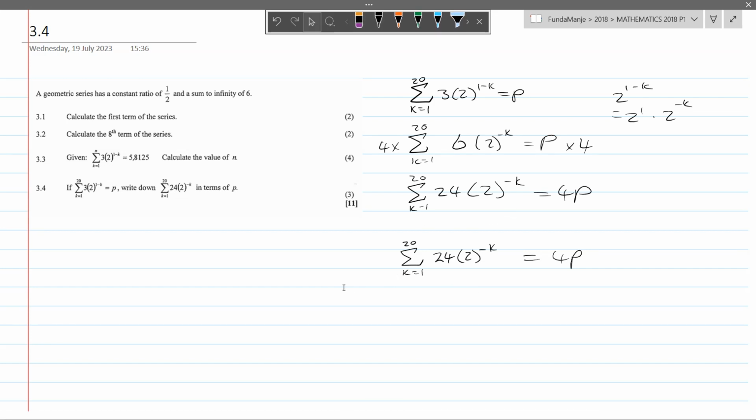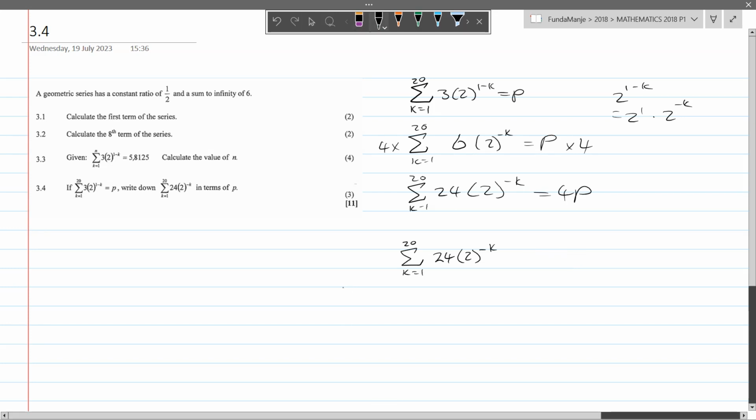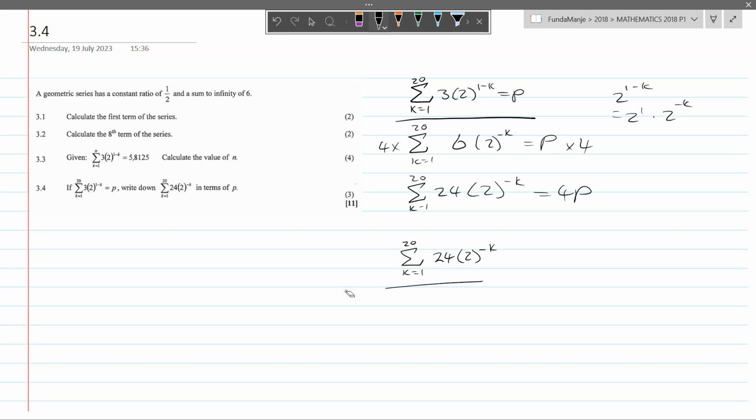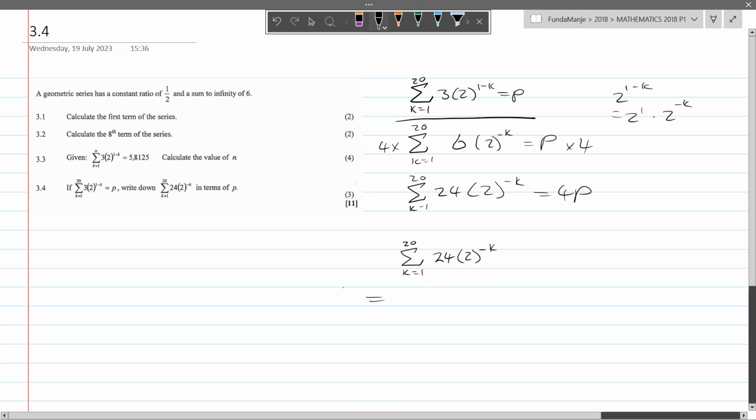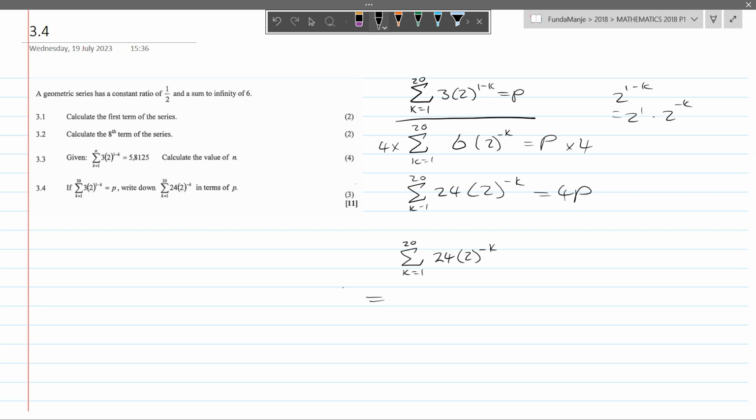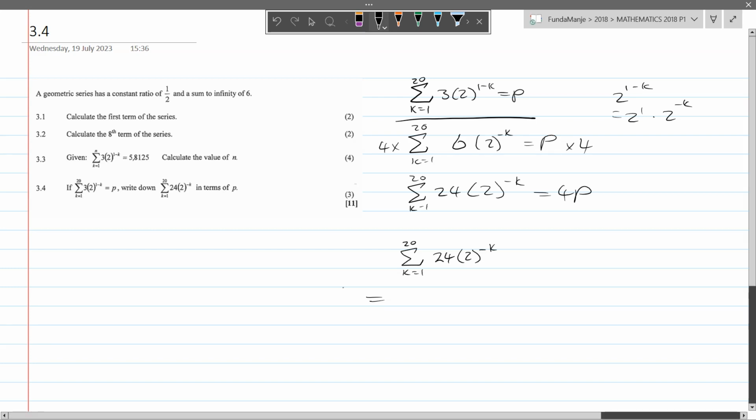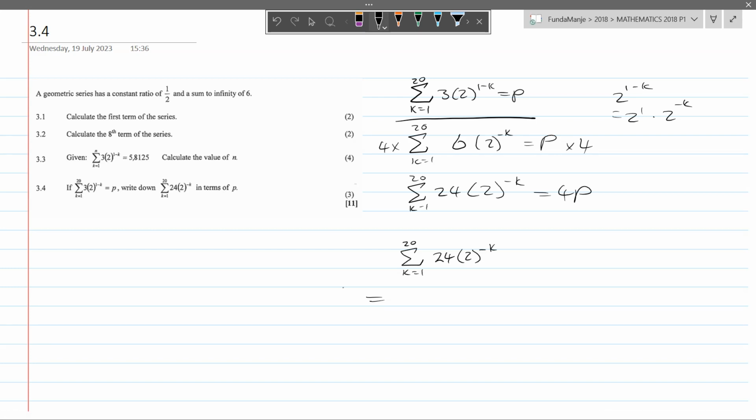The other way would be to try and create this expression out of this one at the bottom. So what we can do is break down the 24 into 4 times 3 times 2. So 4 times 3 is 12, times 2 is 24.